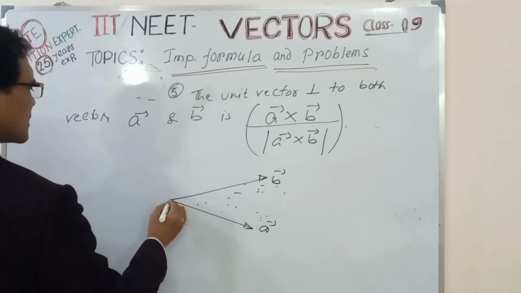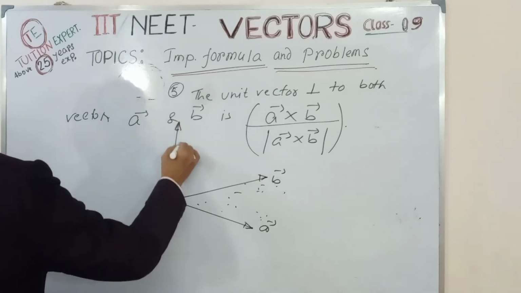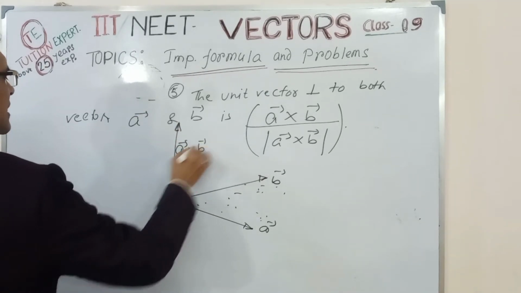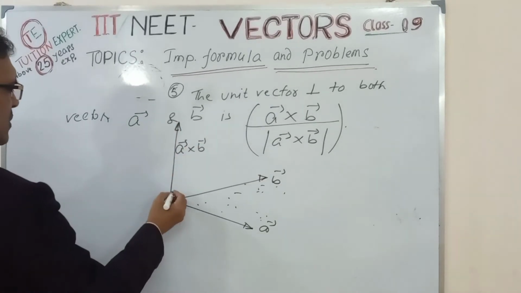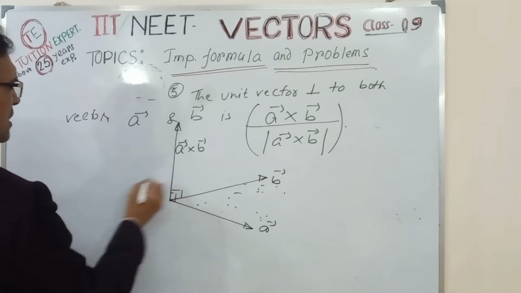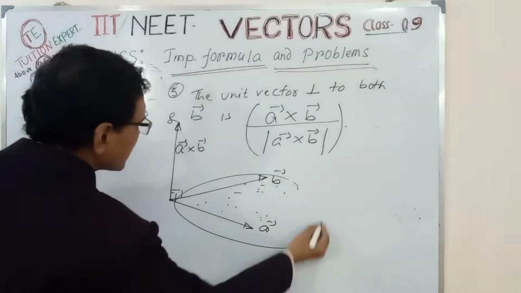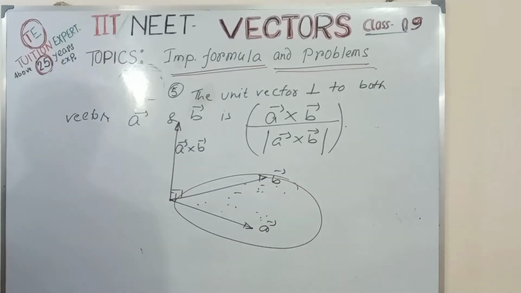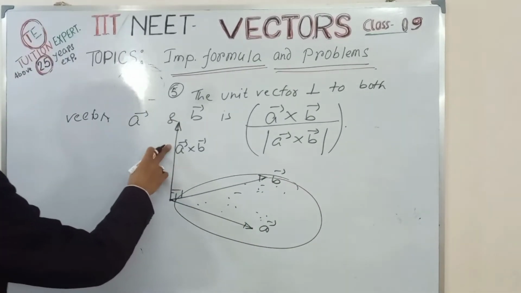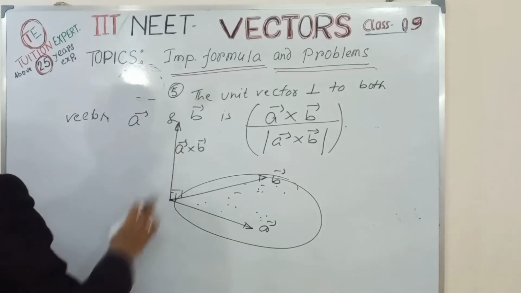So what is the direction of A cross B? A cross B is along this, so A cross B is perpendicular to both A and B. A and B lie in the same plane, so A cross B is normal to the plane.